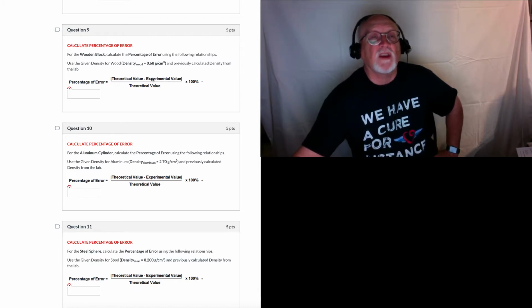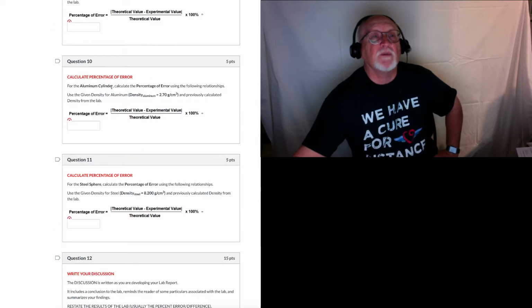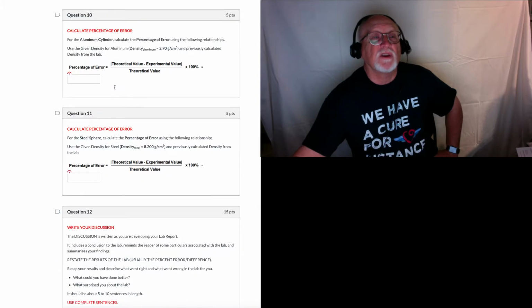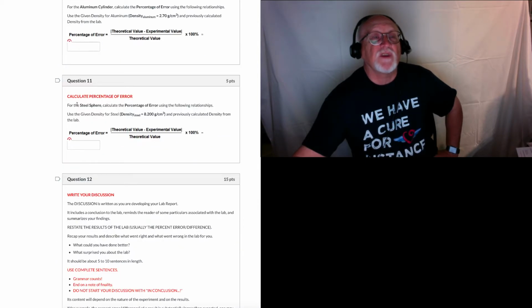The absolute value will have no positive or negative associated with it. You divide it by the theoretical value, you multiply it times 100, and what you end up with is your percentage of error. So you're going to have a percentage of error for the wood block, for the aluminum cylinder, and for the steel sphere.